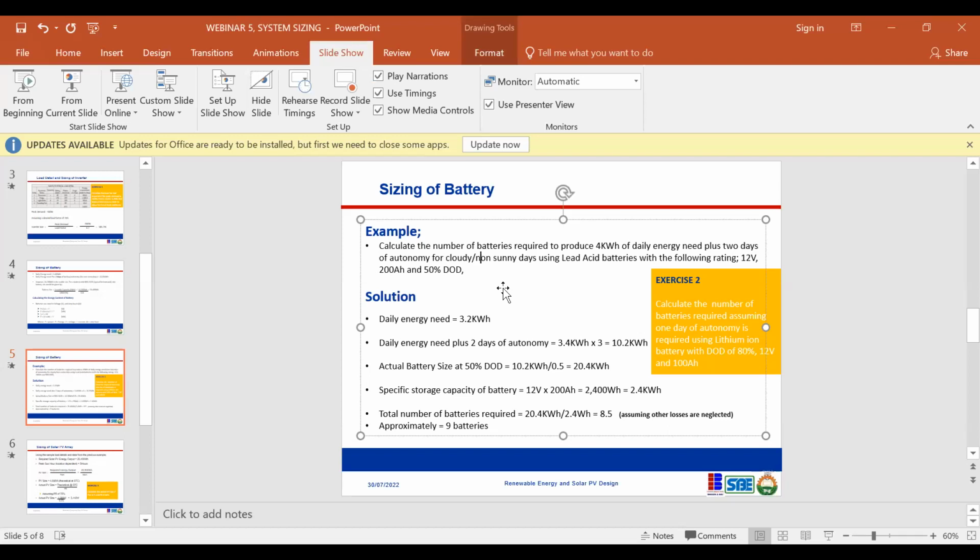So plus 2 days of autonomy for non-sunny days, using lead acid batteries with the following rating. The battery is rated 12 volts and 200 amp hour, and the recommended depth of discharge is 50%.